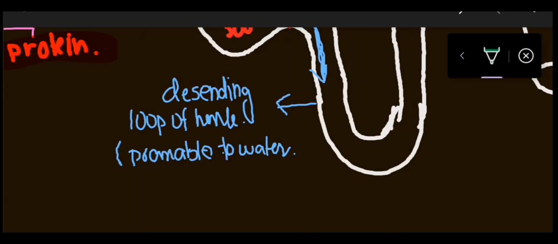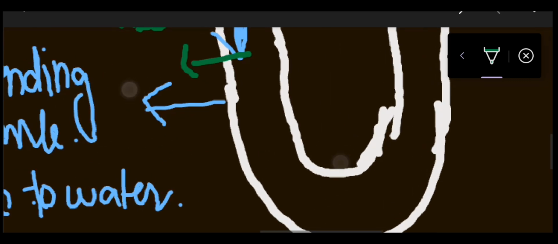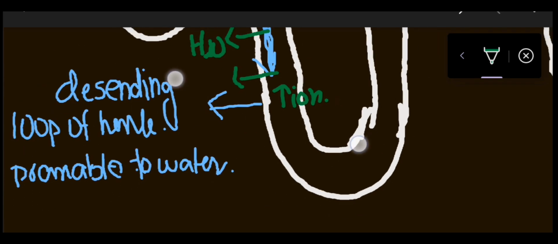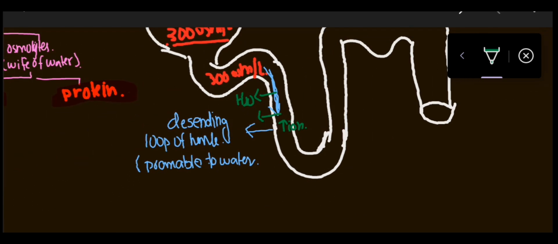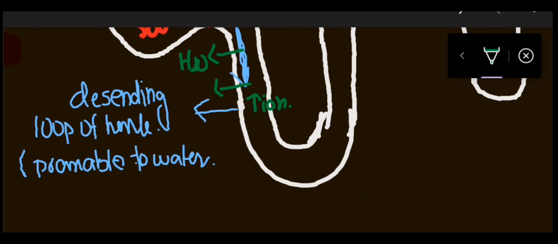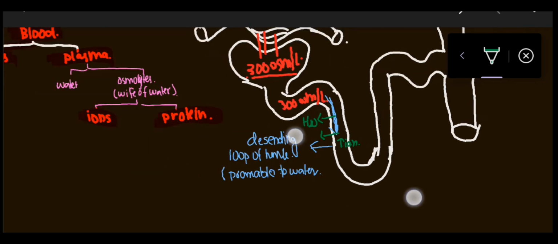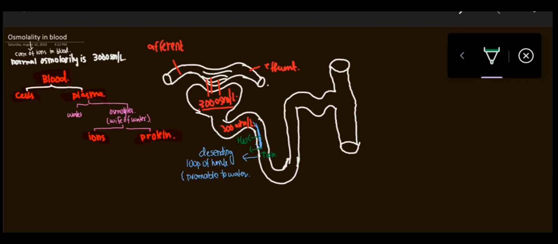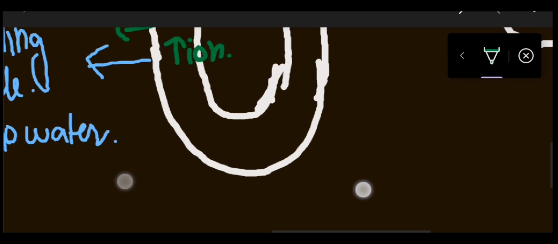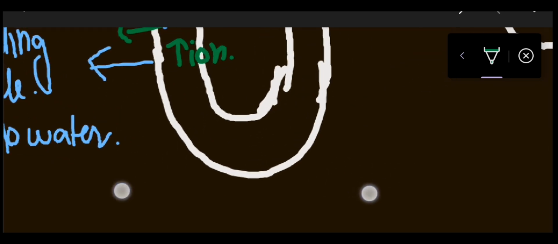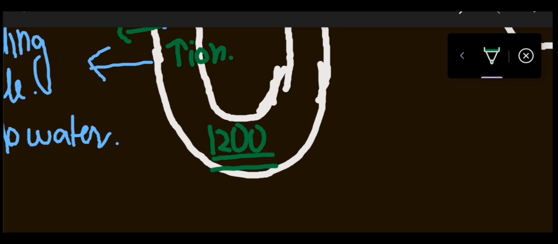When the water is released, it means inside the concentration of ions is greater. जब ions की concentration ज़्यादा हो जाएगी, this means there is a difference of osmolarity. Osmolarity is the concentration of ions in blood. अब जब ions increase होंगे, this means osmolarity is increased in the blood. So here in the loop of Henle, osmolarity is at its highest point, which is 1200.